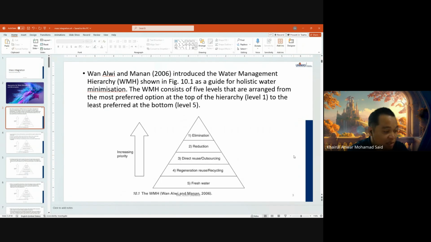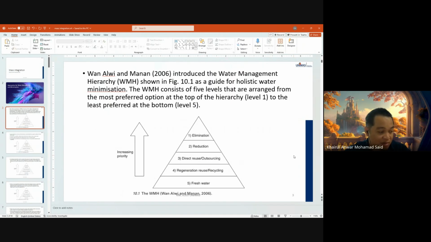The trade-off between regeneration costs and freshwater costs must be evaluated via the pinch. Yes, correct. Since it seems like, yes, it's good to regenerate, to treat the water and then reuse it, but we need to see how much the cost is compared to just buying the fresh water and using it.